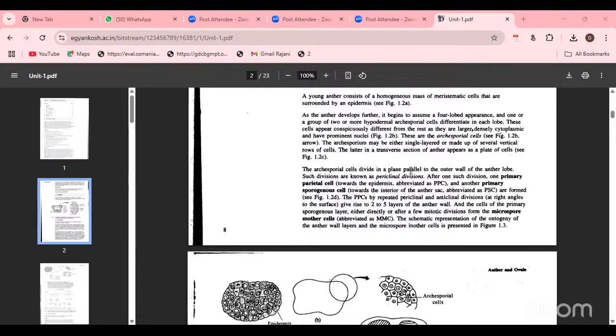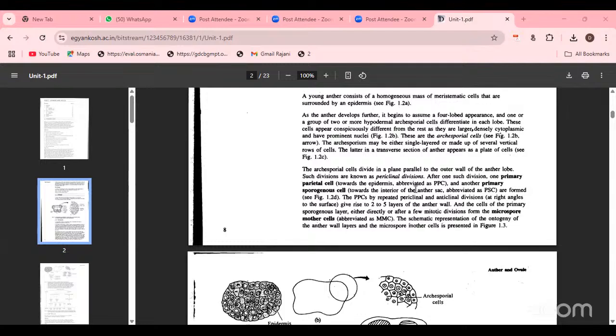After one such division, the parietal cell towards the epidermis is abbreviated as PPC. PPC means primary parietal cell, and PSC means primary sporogenous cells, towards the inner side of the anther sac, abbreviated as PSC.